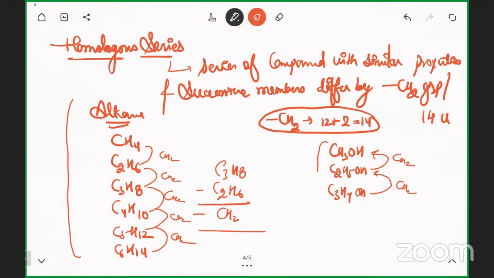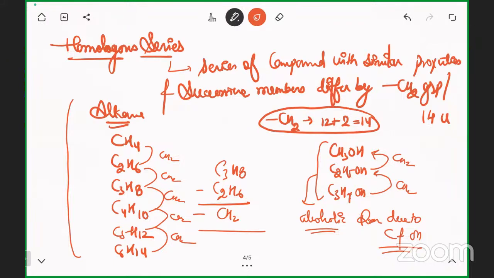And all of these compounds will show the alcoholic property. Reaction will be due to carbon as well as OH group. So those series in which the successive members differ by the CH2 group or 14U and show the same physical and chemical properties, they are known as what?